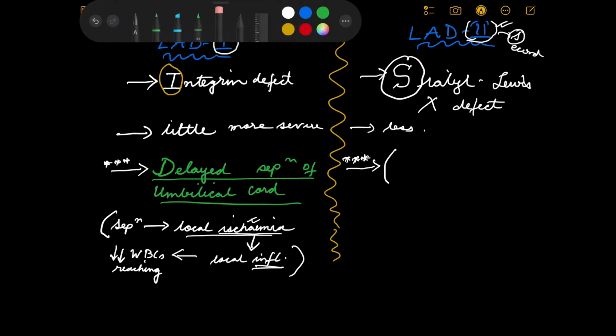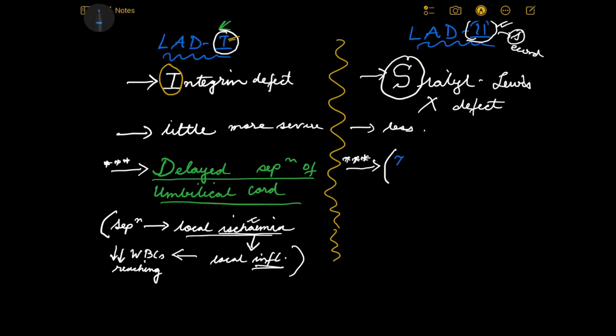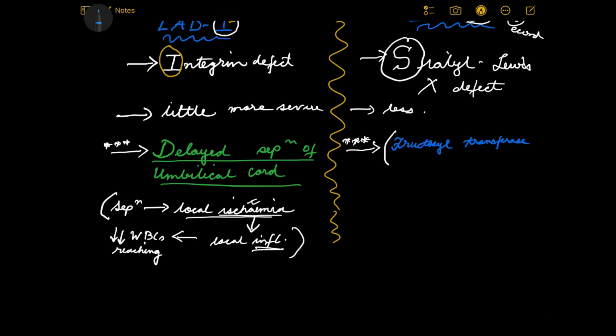So let's use blue. Fucosyl transferase is the enzyme which is responsible for sialyl Lewis X formation. Now, if there is a deficiency in this enzyme, obviously that would translate to sialyl Lewis X molecules being defective or deficient.